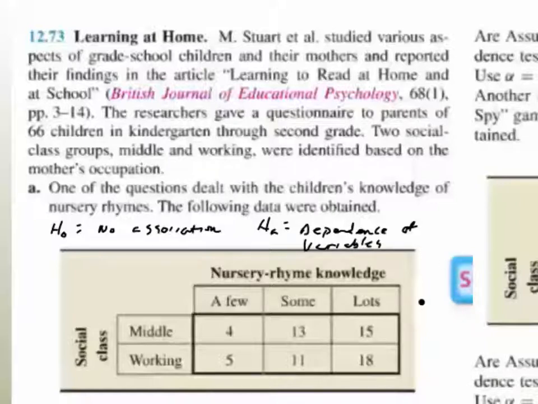So now what were our assumptions? Our assumptions were that every frequency is at least one, and then the next one was that at most 20% of the frequencies are less than 5. So how many of these are less than 5? There's one that's less than 5. Okay. What percentage of all of the possibilities is that?